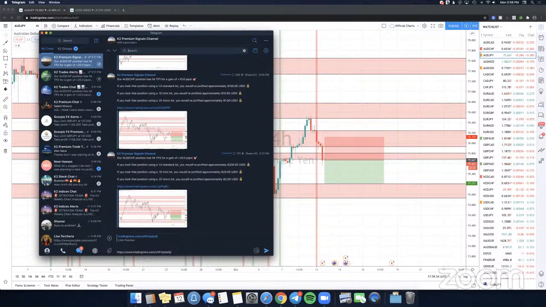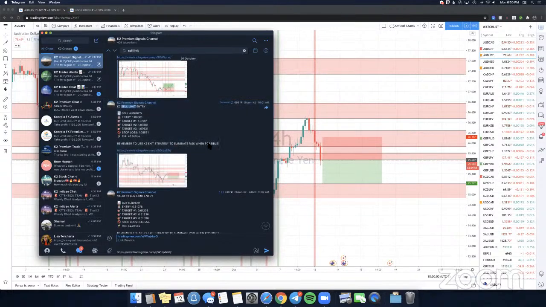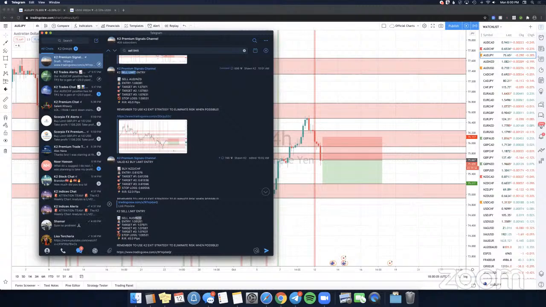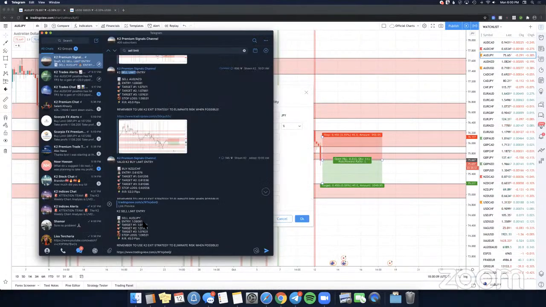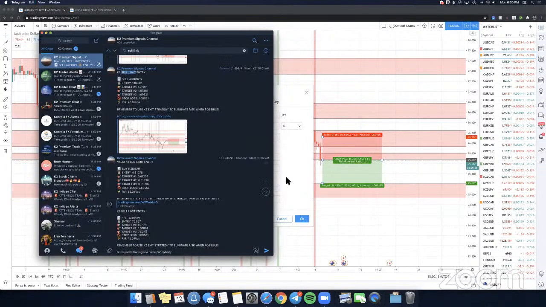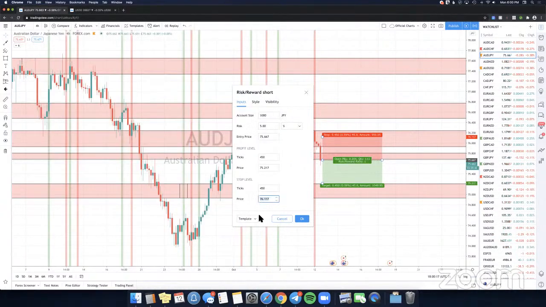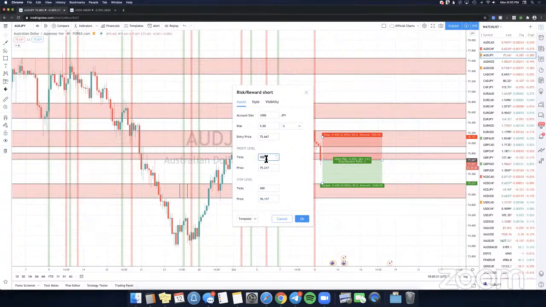JPY entry is going to be there. 45 pips.